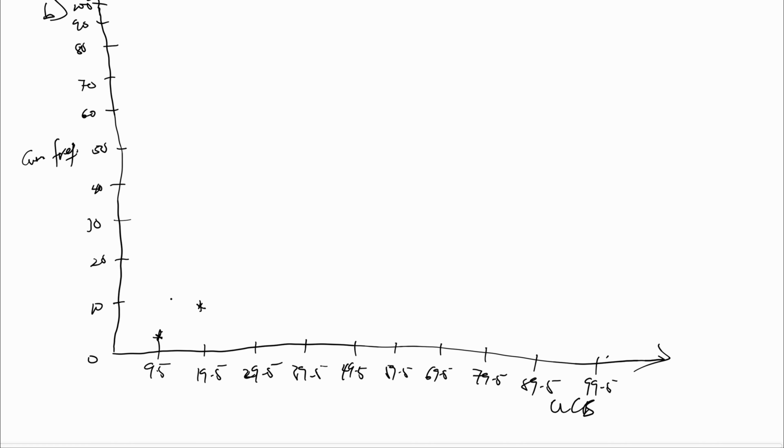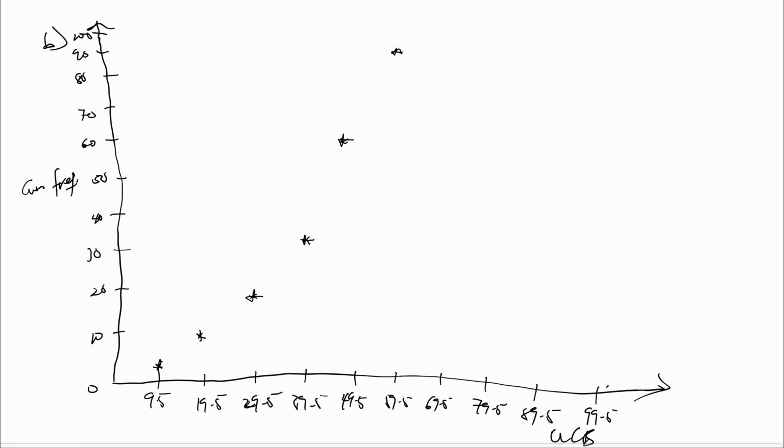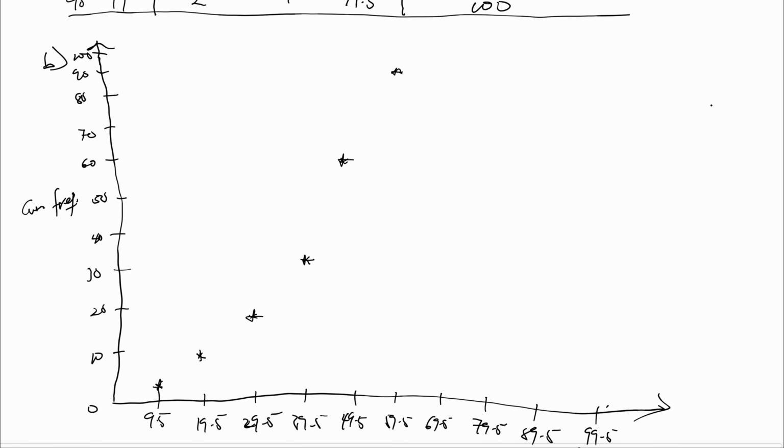For 29.5, our cumulative frequency is 17. Should be here. For 39.5, it's 30. For 49.5 is 54. For 59.5 is 84. For 69.5 is 90.